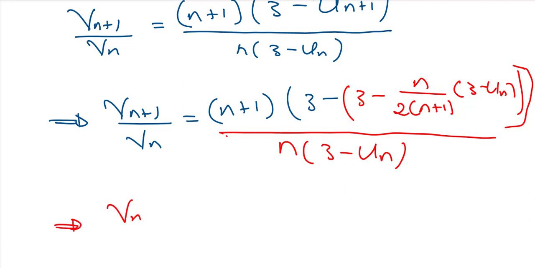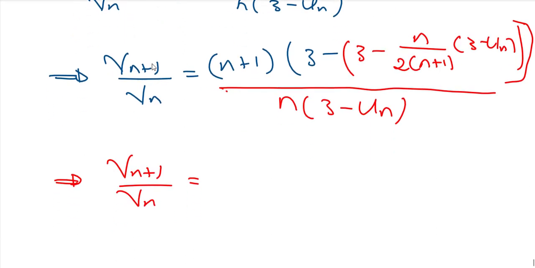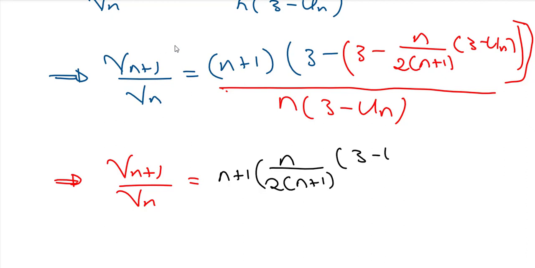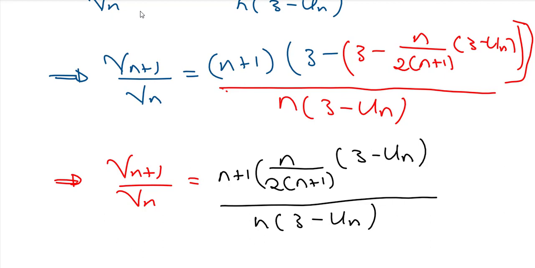So this implies Vn plus 1 divided by Vn will be equal to, so let's simplify this. We'll have n plus 1 times, what we have here is 3 minus 3, 0. This negative and this negative becomes positive. So we have n divided by 2 into n plus 1, then times 3 minus un, all of this divided by n into 3 minus un.